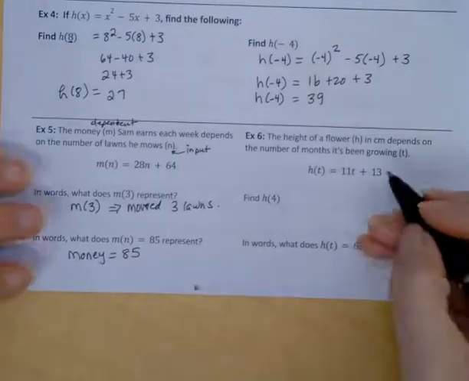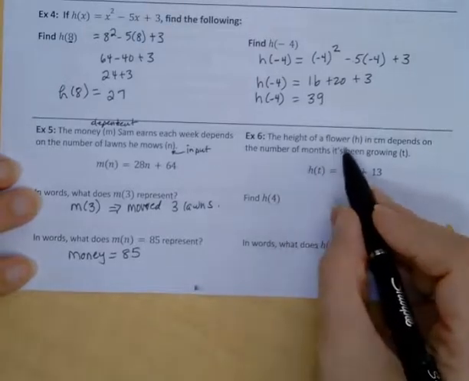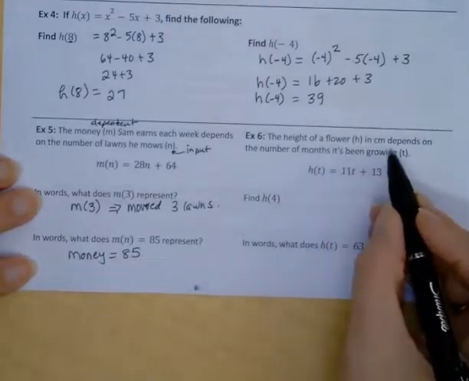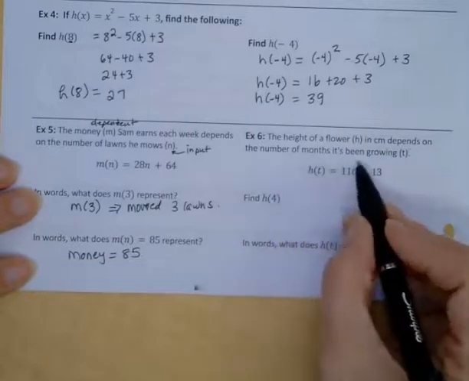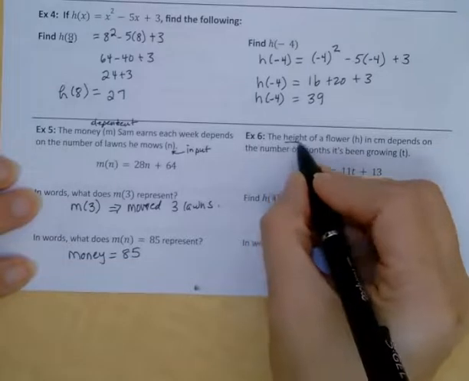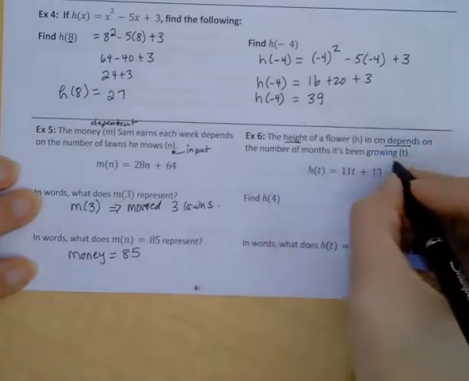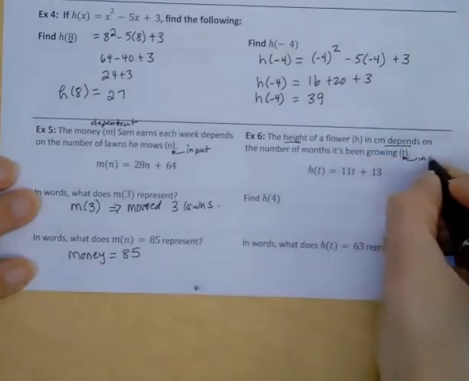Okay, so if we look at example 6, we're going to think about independent and dependent variables again. We're going to think about inputs and outputs. The height of a flower H in centimeters depends on the number of months it has been growing. Okay, so the height is the dependent, right? Height is the output, and the number of months, time, is independent.